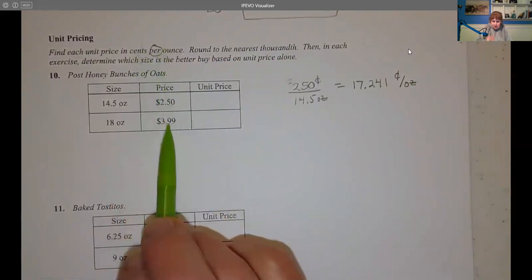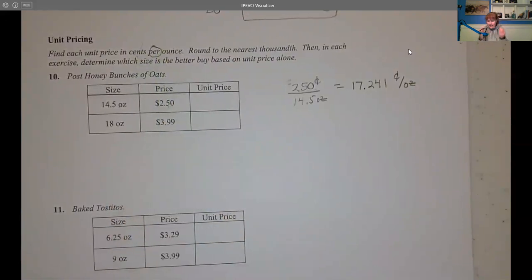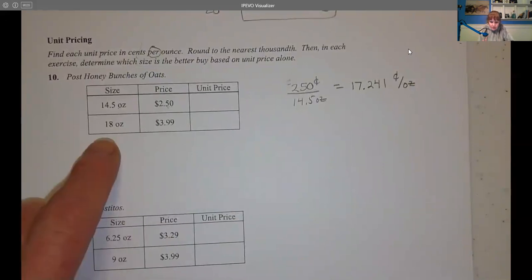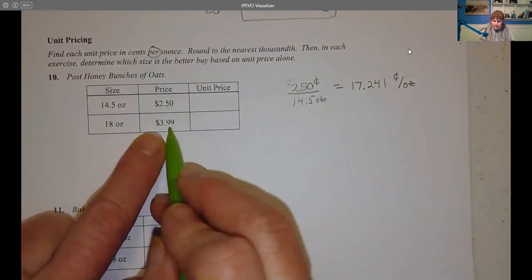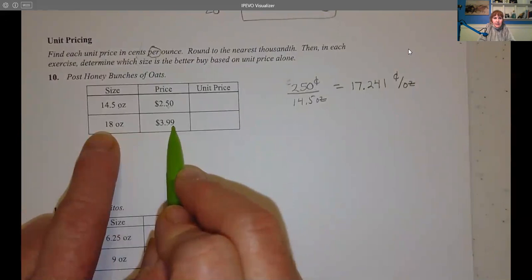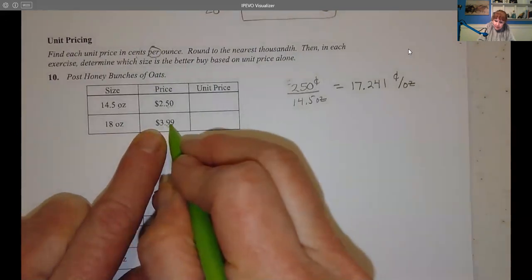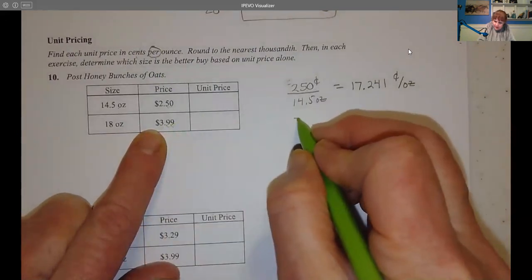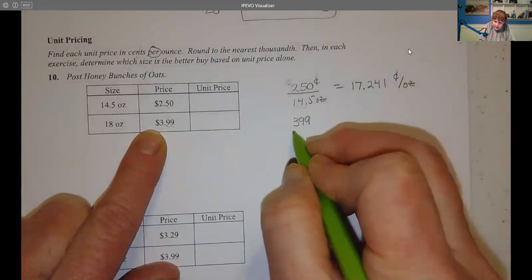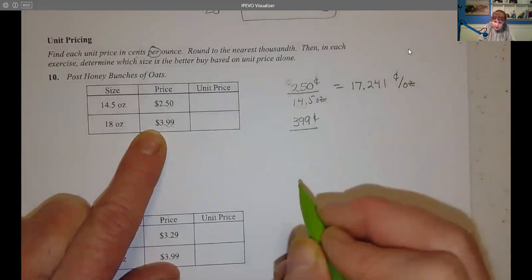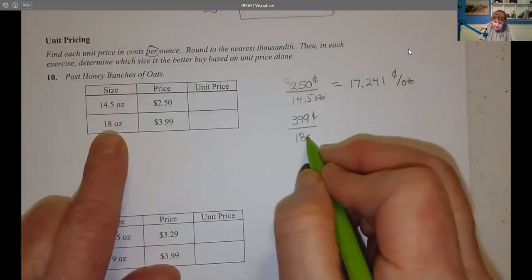Okay, let's look at this next one. We have the same object. They don't tell us what it is, but it's almost $4 for 18 ounces. So let's find out how much it costs per ounce. We move the decimal over twice to make it pennies. So how many cents we've got over 18.